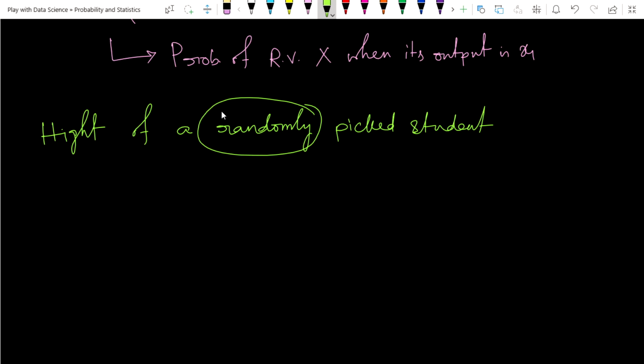So how will these things work in such situations? That is why the probability concepts are important.